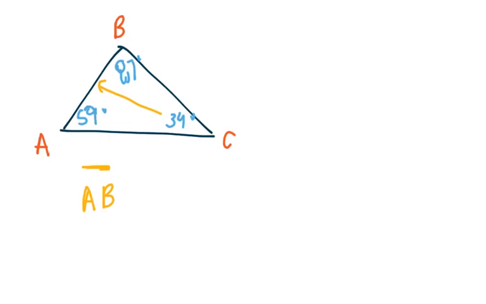Then if we want our medium angle, you just have to go to our middle measure, and that's going to be 59. Go opposite of that, and that's going to give us BC. And that only leaves us with one more side, which should be opposite of the largest angle, which it is, and that's going to get us AC.